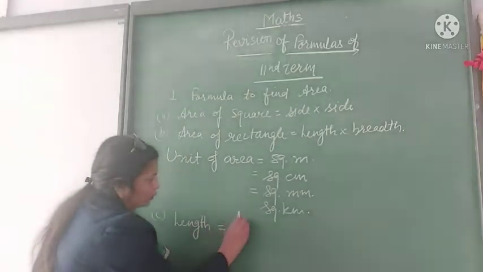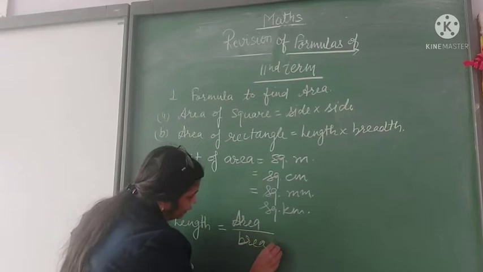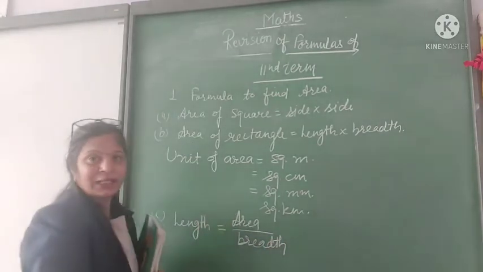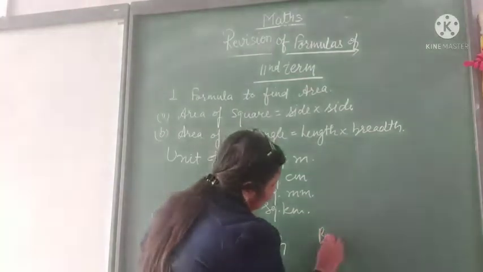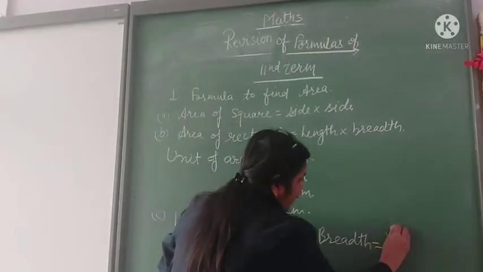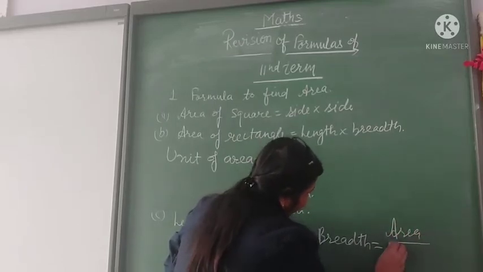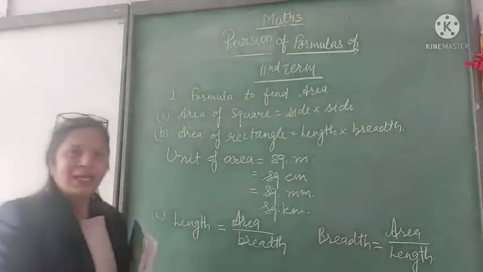Length is equal to, if area has given, area upon breadth, right? And breadth is equal to area upon length if breadth and area has given to you.